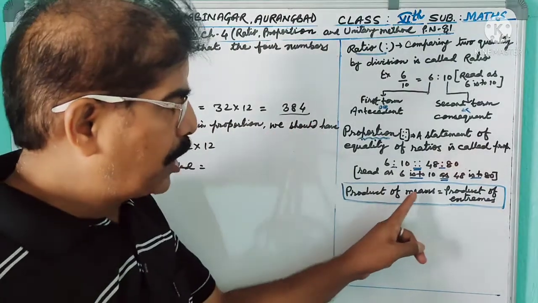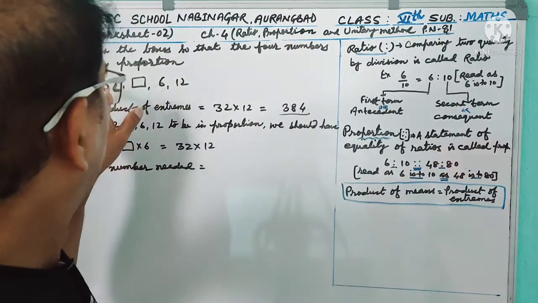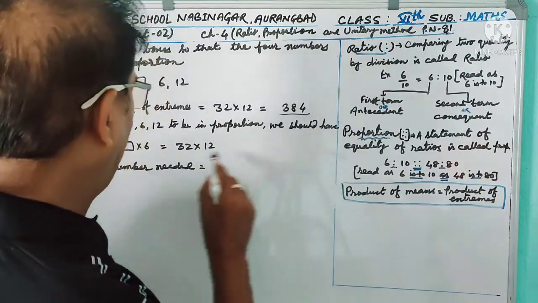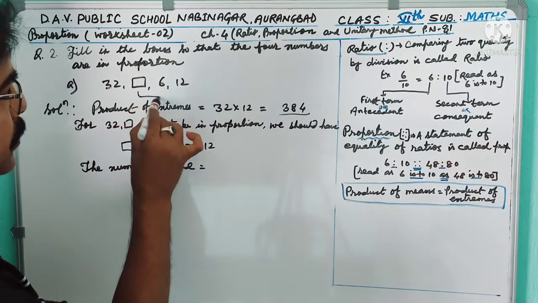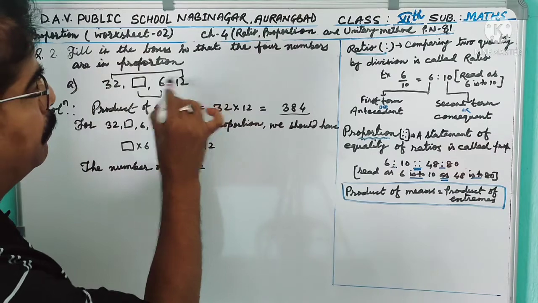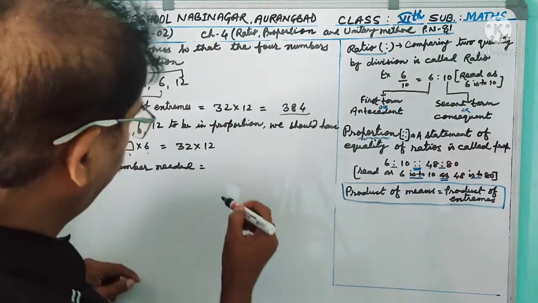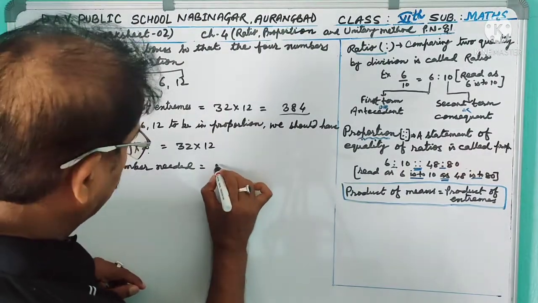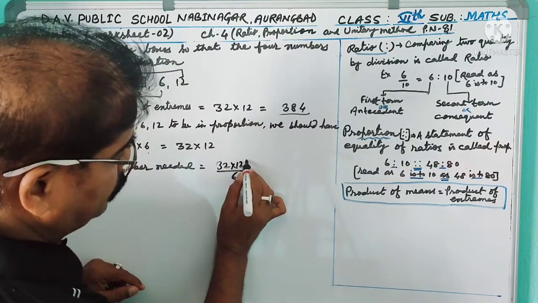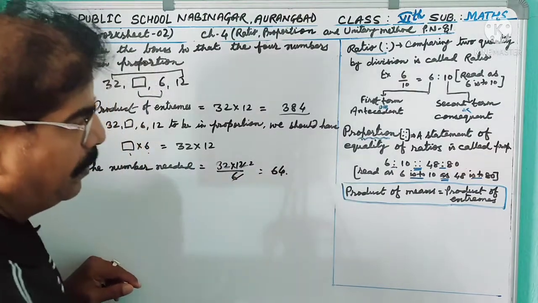We know that the product of means equals the product of extremes. So box into 6 equals 32 into 12. So the number needed is 32 into 12 by 6, which is 64.